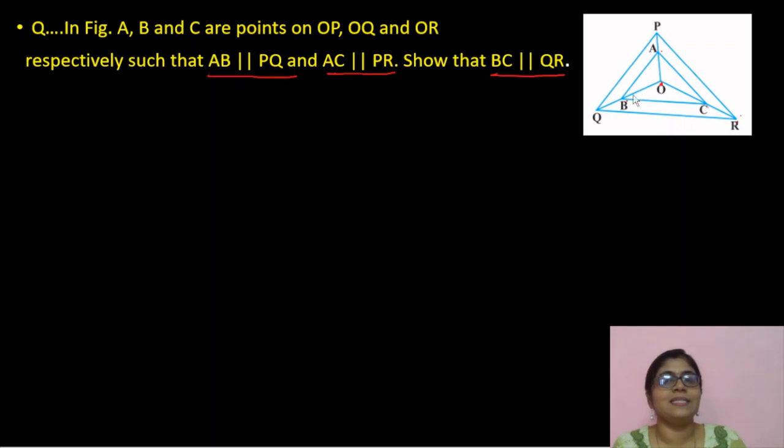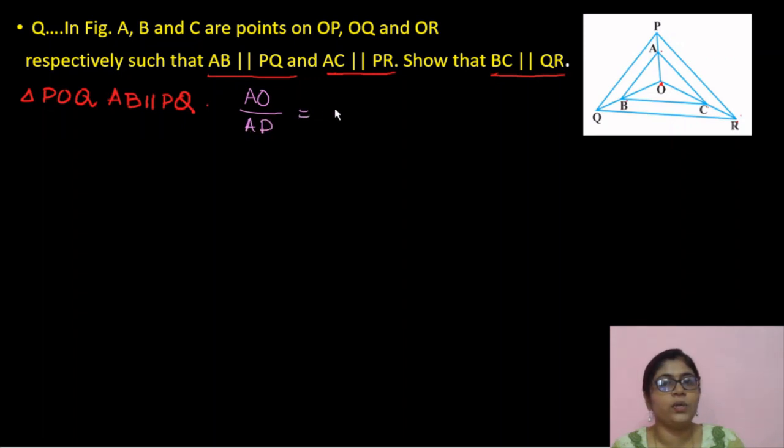So let us consider triangle POQ. In triangle POQ, what is parallel to what? AB is parallel to PQ. So as AB is parallel to PQ, we can say AO by AP is equal to BO by BQ according to theorem 1.